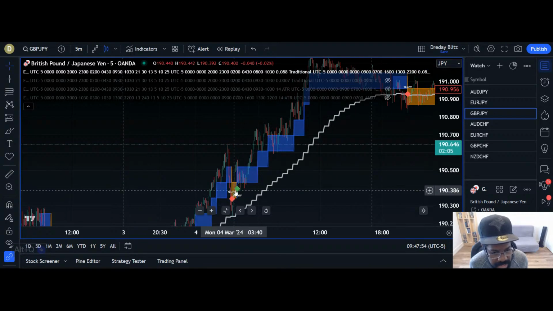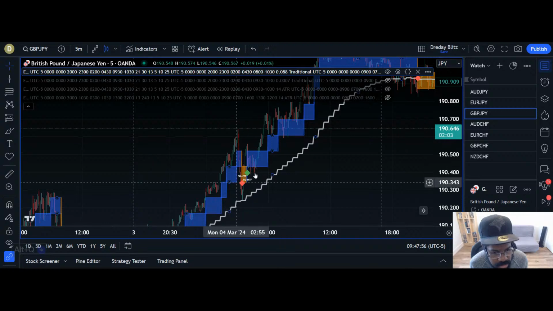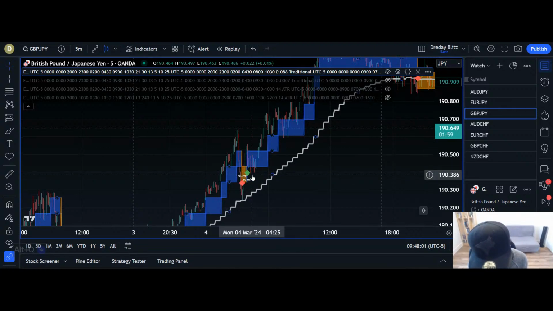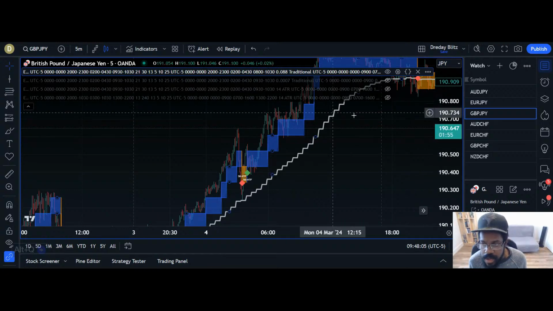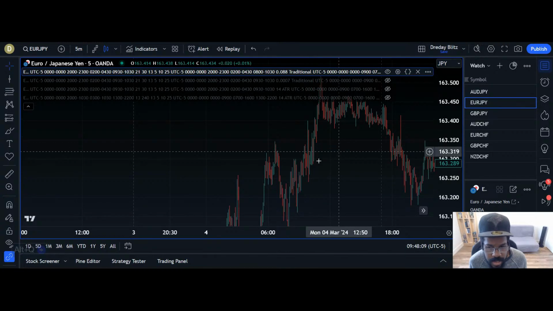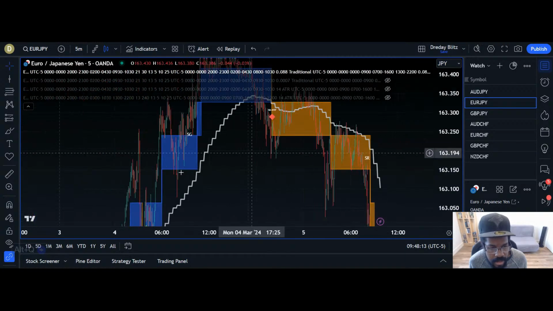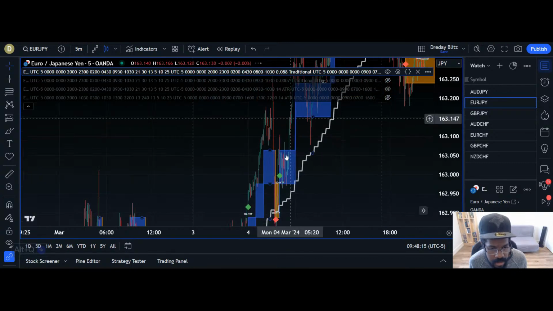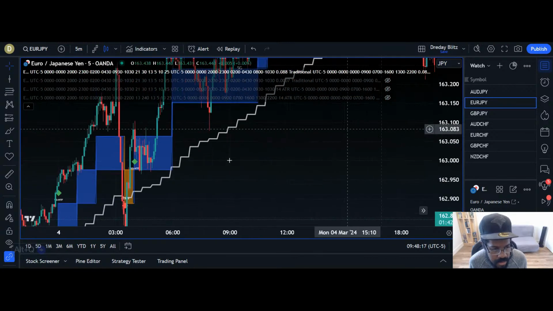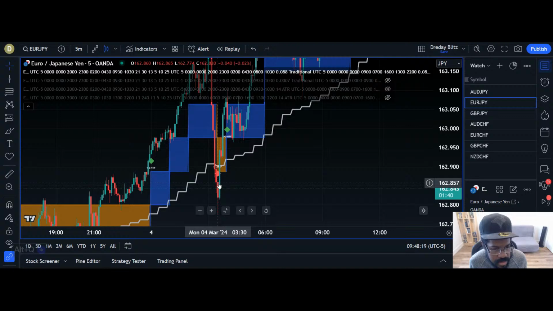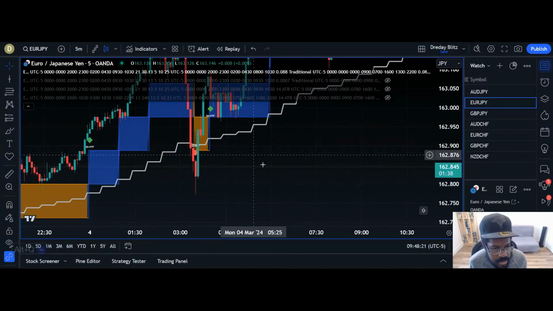Because of this move here, that lost $300. So 0.30%. And it was the same thing for Euro JPY. I'm just gonna load up Euro JPY, and the same thing happened here. This sell here shouldn't be there.